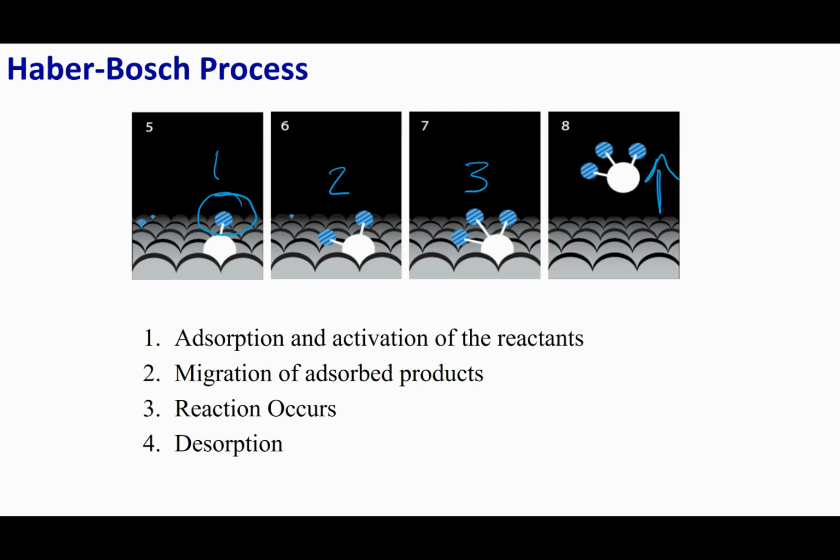So the steps in this process are: first I have an adsorption, which means nitrogen sticks onto my catalyst. The catalyst then breaks the bonds. And once the catalyst breaks the bonds, my hydrogen comes and I form new bonds. Once all the bonds are formed, I desorb, or regenerate, my catalyst surface for a new nitrogen to come and sit on there.